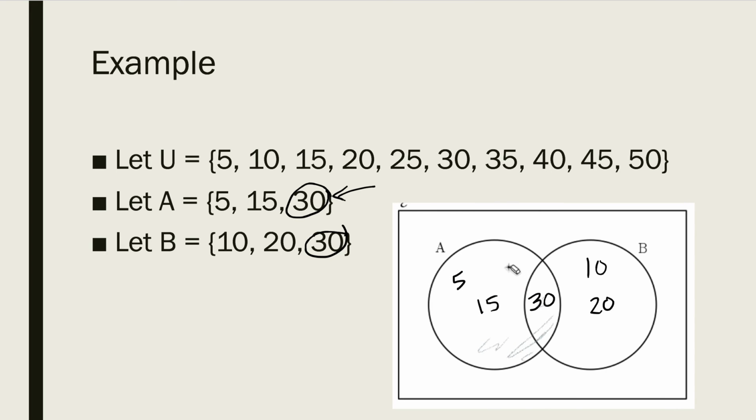Okay? And then if I look at circle B, so I'm going to shade all of circle B. Circle B should have the elements 10, 20, and 30, which it does.